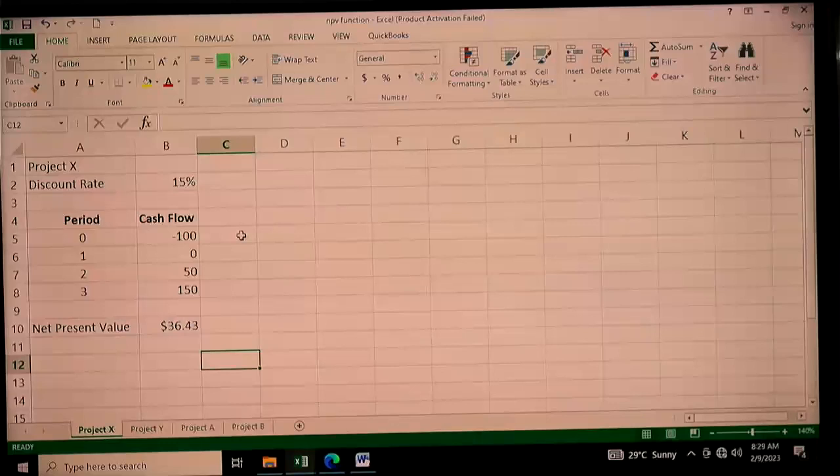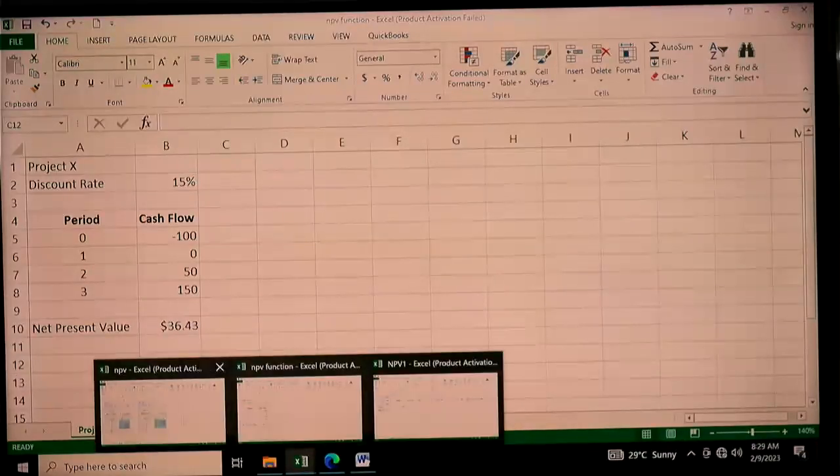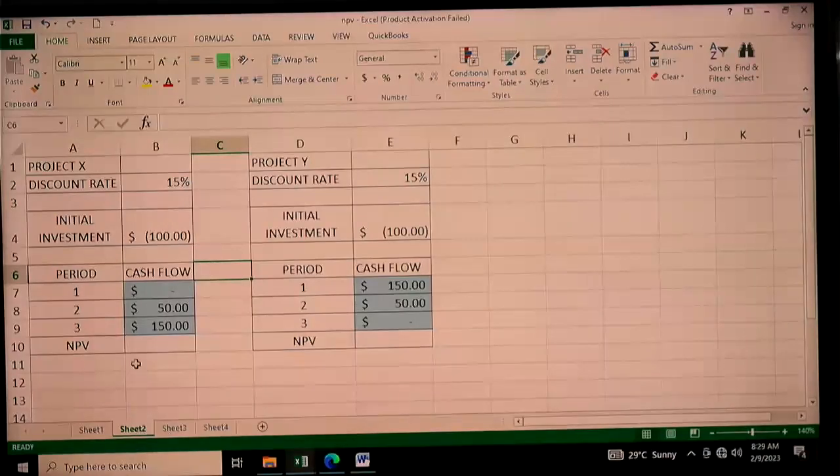I have realized that the worksheet is just the same as what I've given you. If you check the worksheet I've given you, then you realize that in sheet 2, we have this and this.